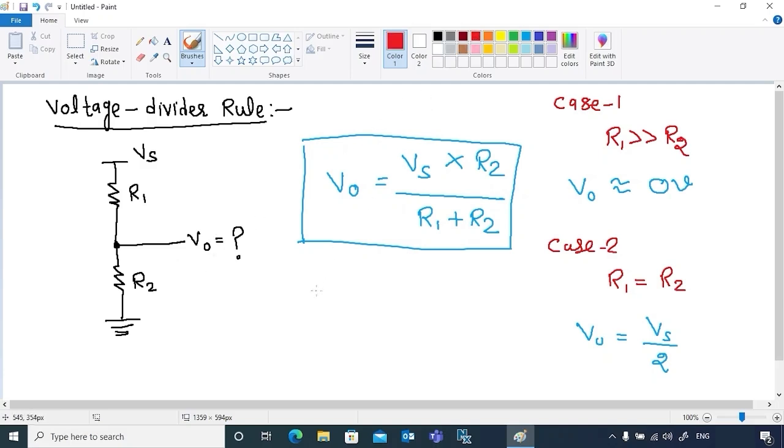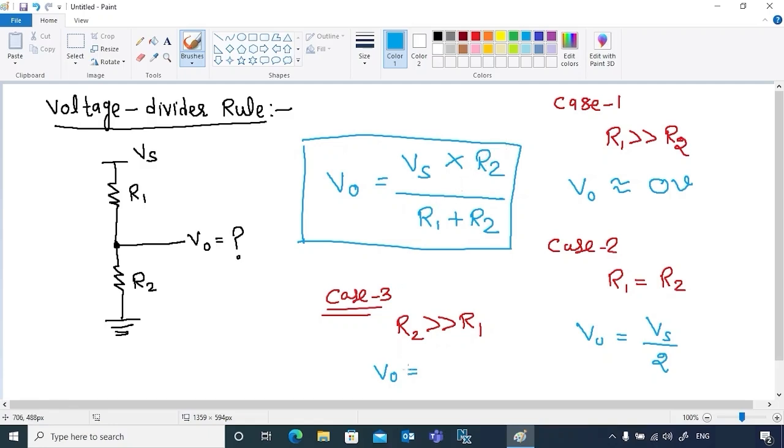And the next case is case 3. In case 3, R2 is a very big resistor in comparison to R1. So R1 is very small, so R1 plus R2 is cancelled out by R2 because it's nearly the same value.